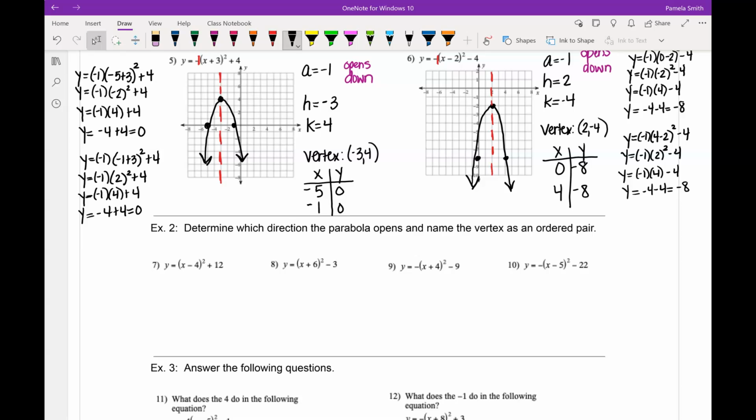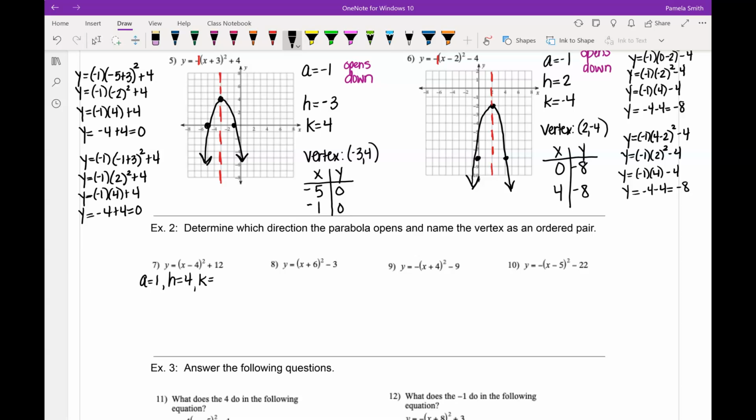So number 7, y equals the quantity x minus 4 squared plus 12. What would be the value of a in this one? 1. So a equals 1. What would be the value of h? If it's x minus 4, what does h equal? Positive 4.